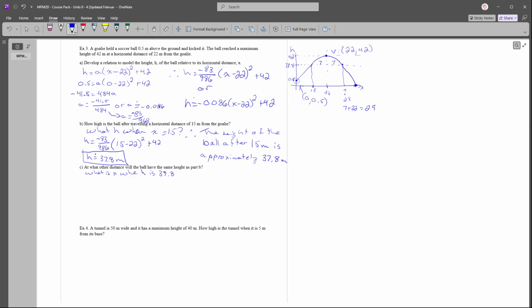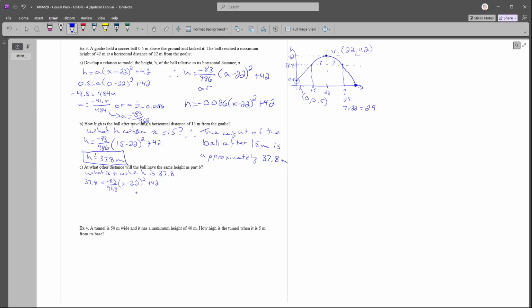So if we substitute h of 37.8 into our entire equation, 37.8 equals negative 83 over 968 multiplied by x minus 22 squared plus 42. Solve for x. Oh, yeah, I know what you're thinking, but yes, this is still what we're looking for here.